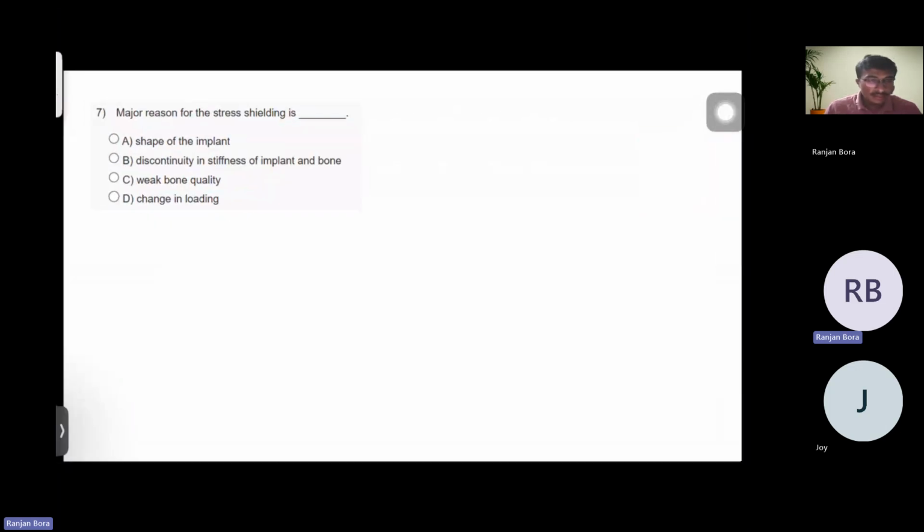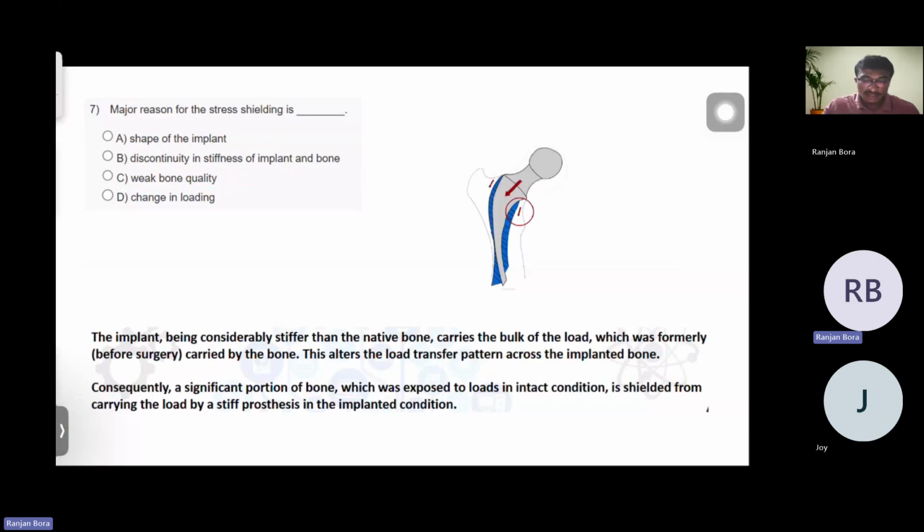And next question is, major reason for the stress shielding is. So you can see why there is a stress shielding after putting an implant inside the bone.